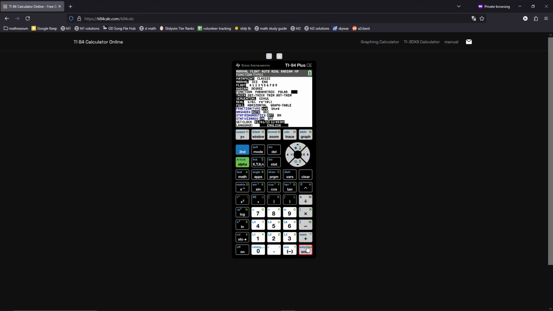Remember to switch over to sequence. Go here, switch to n plus 1, your min value to 0, and then u of n plus 1, this is your x, which is u of n plus 0.1.